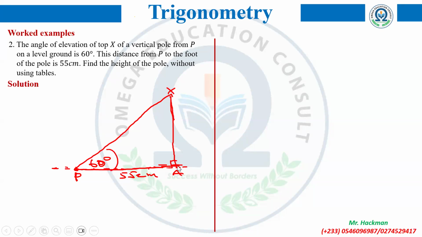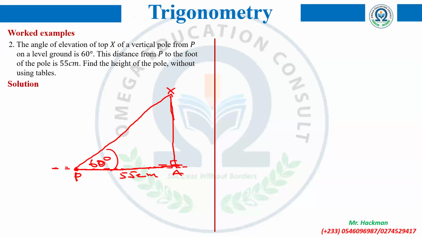Well, no. If P is here and X is here, then your angle of elevation, if you stand here and want to sight X, can never be 60. It will be 90 degrees. So in that case, the angle that you have to turn will be more.